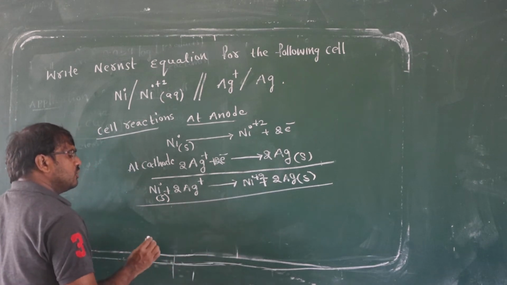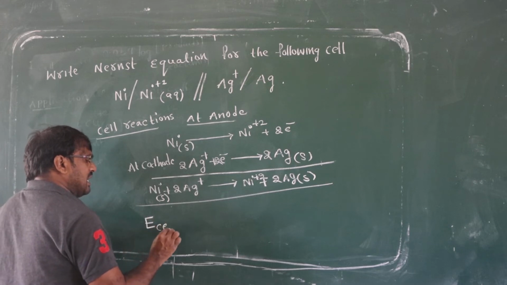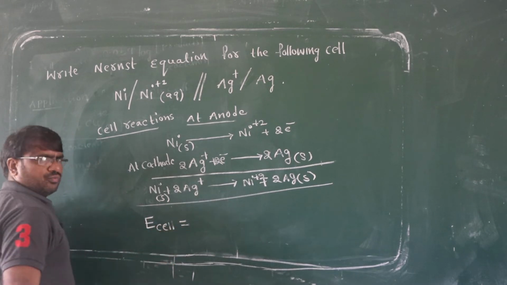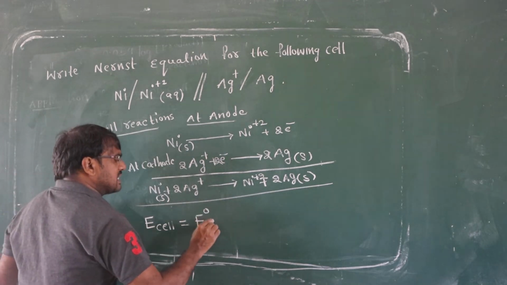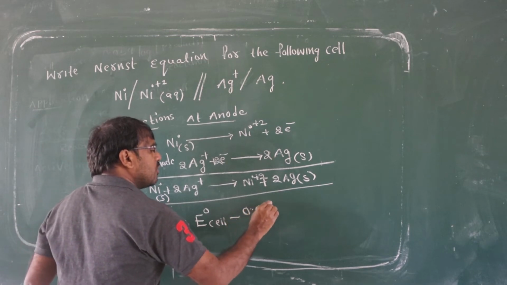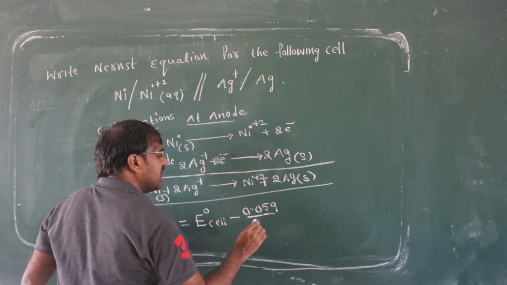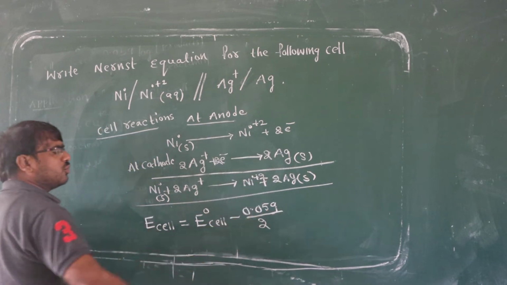Then how are we going to write the Nernst equation for this? Look here. E cell is equal to E naught cell minus 0.059 by n. In place of n, what do we have to take? 2 we have to take.